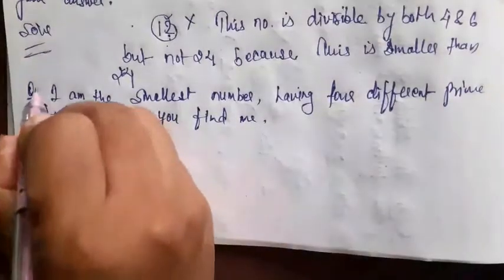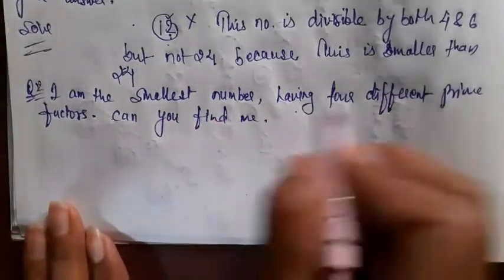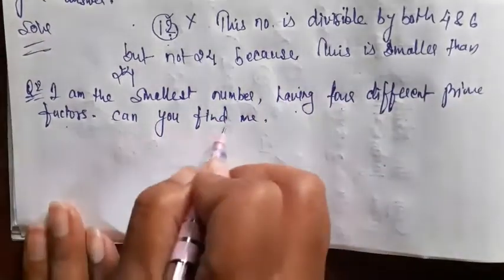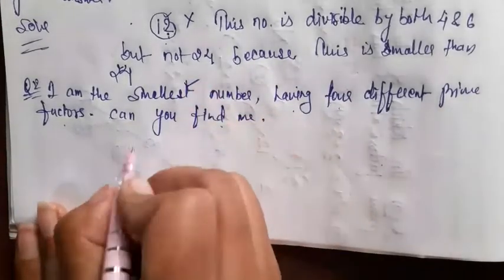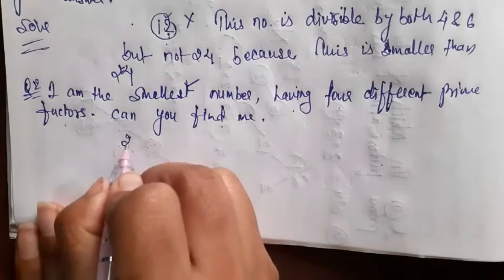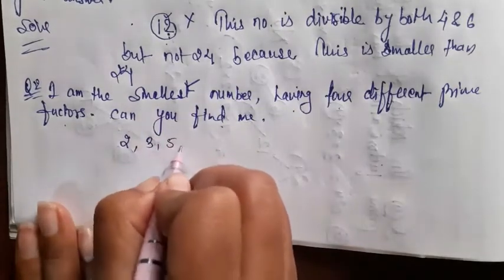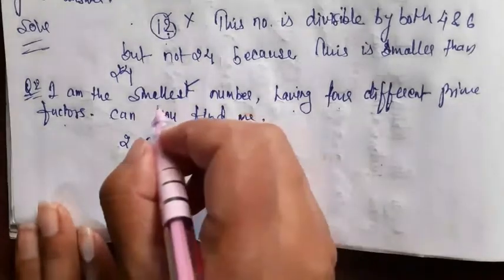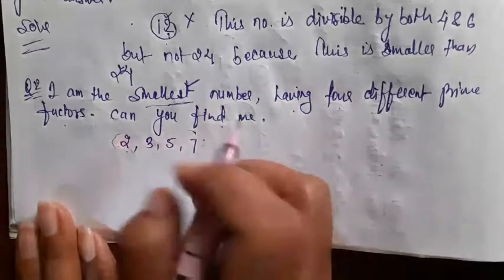Now question number 12. I am the smallest number having 4 different prime factors. Can you find me? Okay, so here we have the smallest number. So we write 4 different prime factors: 2, 3, 5 and 7. Because we have to find the smallest number, that's why we have to write the smallest digits.